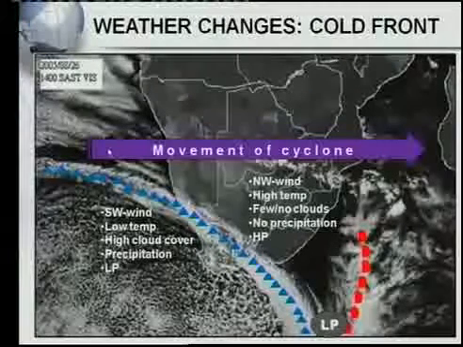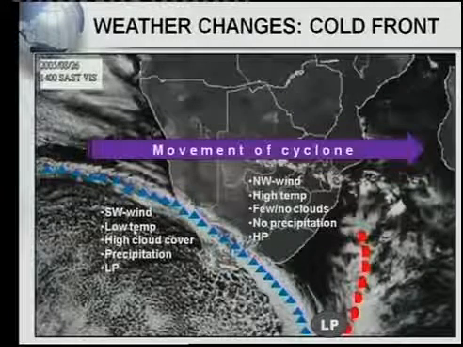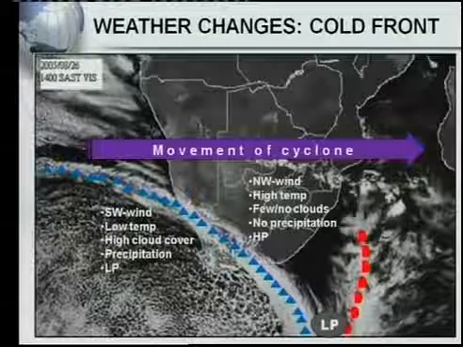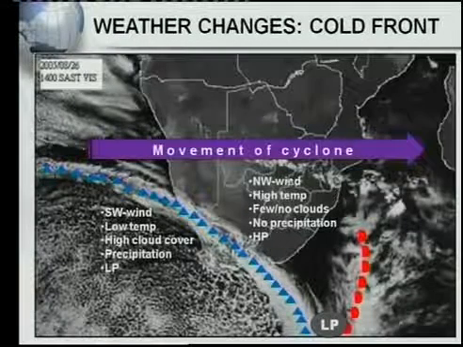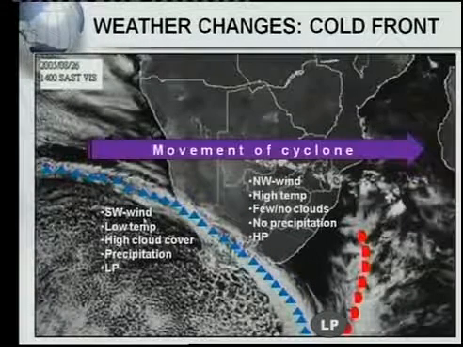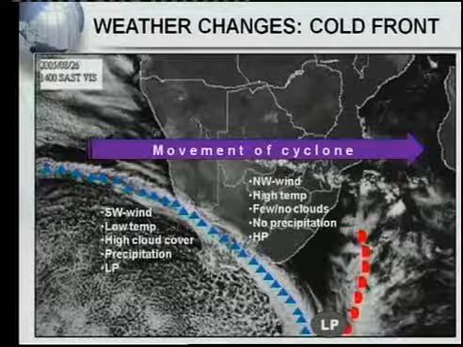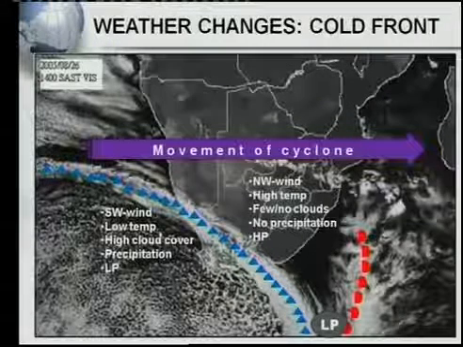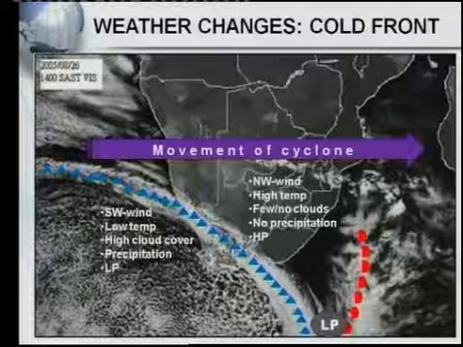In other words, our weather on this side of the front will not be the same as the weather on that side of the front. So this means I must know what weather changes take place. Let's have a look. Firstly, a northwesterly wind changes into a southwesterly wind. High temperature in front of the front, in other words, low temperature behind. In other words, when a cold front moves over an area, the temperature will drop.